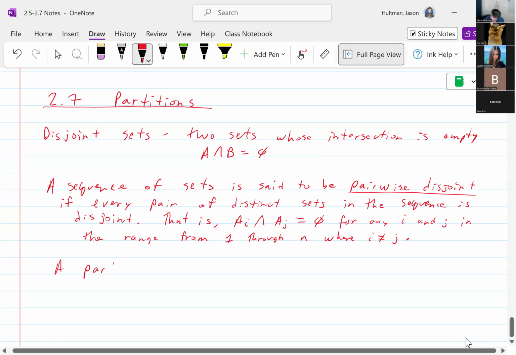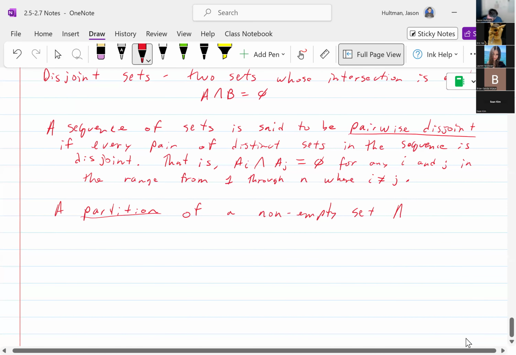A partition of a non-empty set A is a collection of non-empty sets of A such that the following are true.